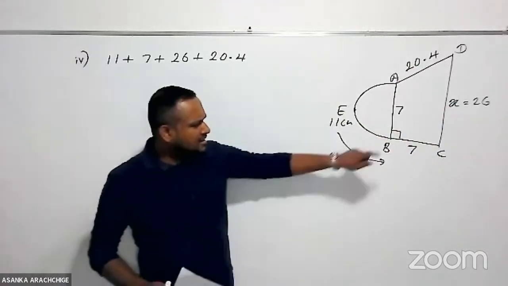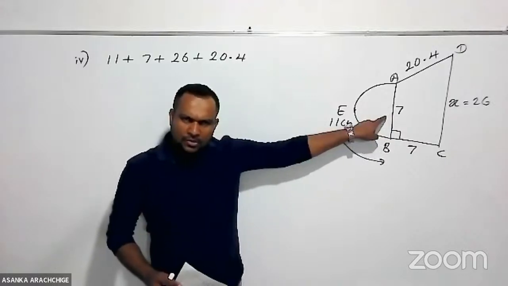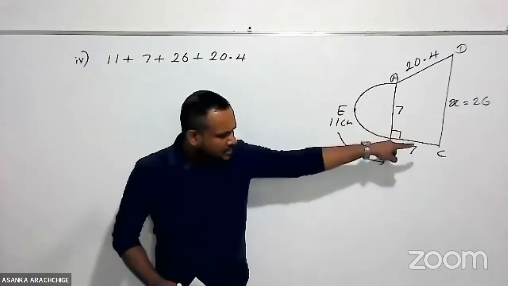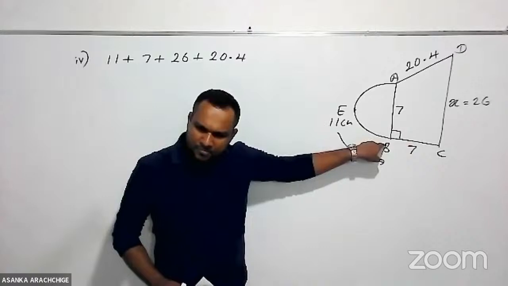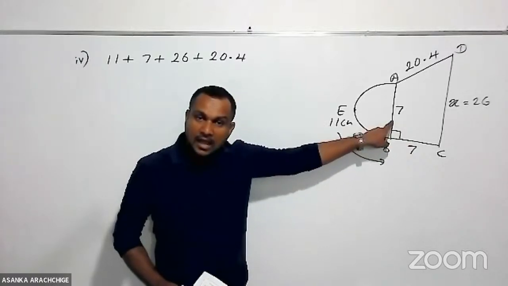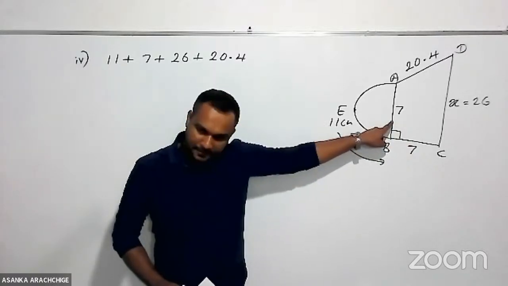Should we add this 7 as well when we find the perimeter of this sheet? No, the interior lengths are never taken.